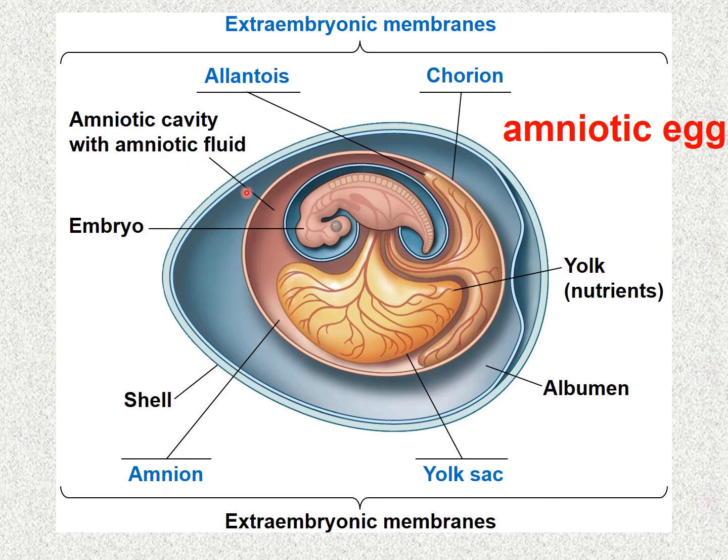It has an amniotic cavity with amniotic fluid, and this is where the embryo is going to be growing and developing. The yolk sac includes yolk, which provides nutrients for the growing embryo. And surrounding the whole amnion is the albumin, which also provides some food source for the growing embryo.